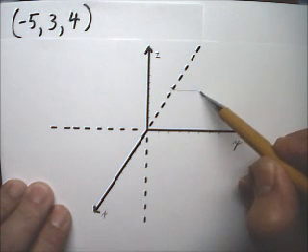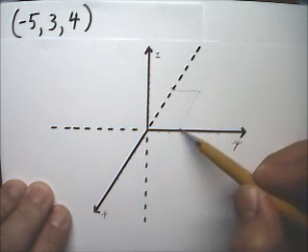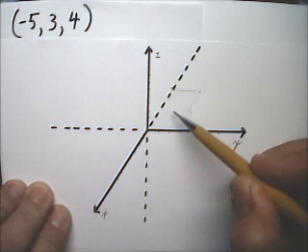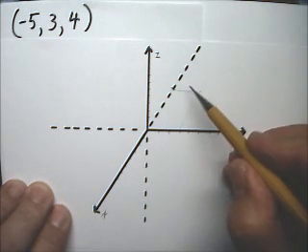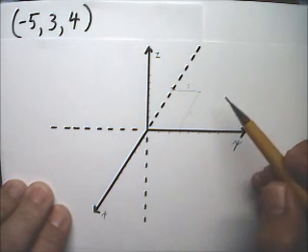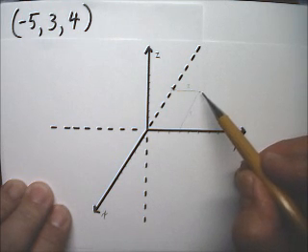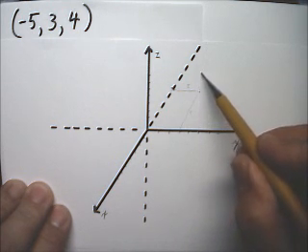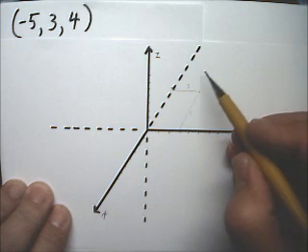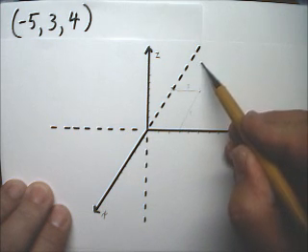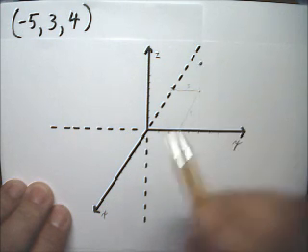So we've gone that far, 3. We've gone that far, 5. See, this is 5 on the x-axis, and this is 3 on the y-axis. And now we've got to go up 4. So if we go up 4 on the z-axis, there's our point.